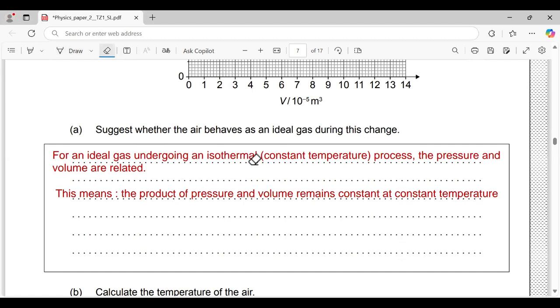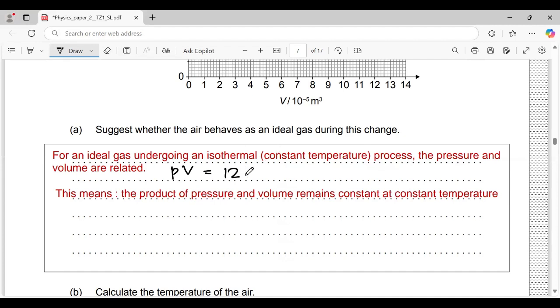Okay, the formula is PV equals 12. This means the product of pressure and volume remains constant at constant temperature.